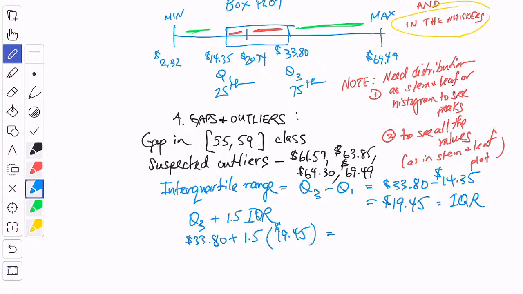So that gives you 6297.5, or 62.98 if I round it. Well, let me put it exact and then I'll round it. 62.975 or 62.98.